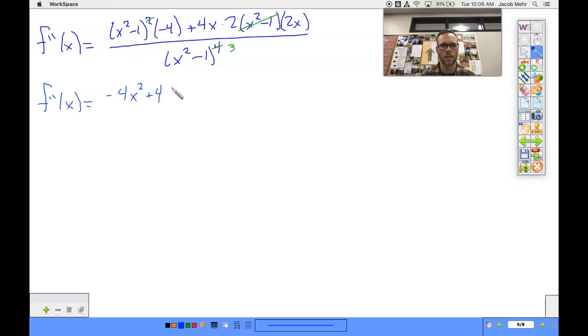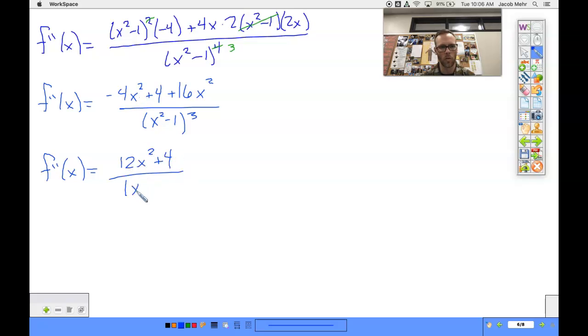So that's 16x squared. So I have 12x squared plus 4 over x squared minus 1 cubed. That's my second derivative.